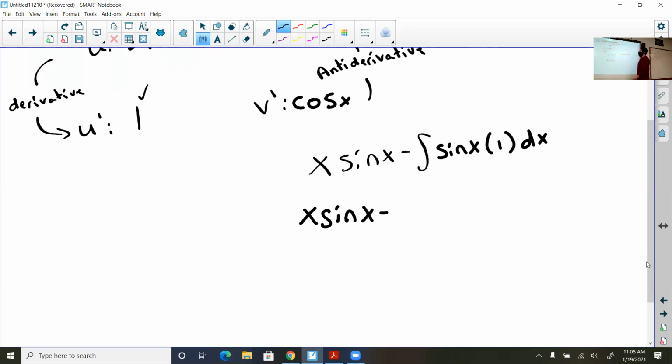What is the antiderivative of sine? Well, the antiderivative of sine would have been negative cosine because the derivative of cosine is negative sine. And so if I want the antiderivative of positive sine, it would have to be negative cosine.